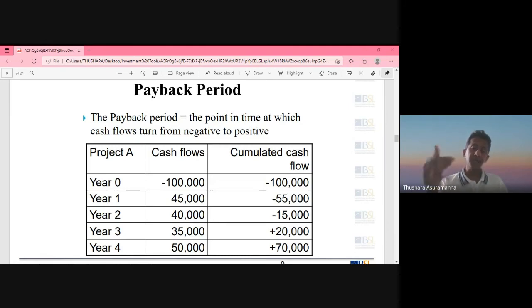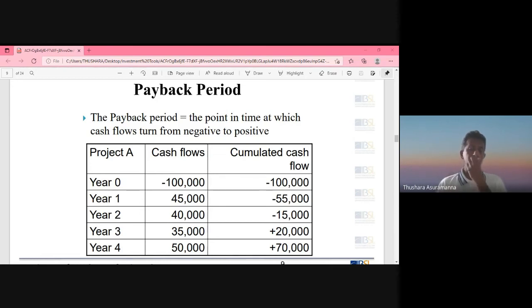Then exactly 15 divided by 35 is the exact point that we are interested in. That is 0.4. So at end of year 2, you have 15,000 left, and that 15,000 is covered from the year 3 cash flows. Then technically the payback period is 2.4 years.